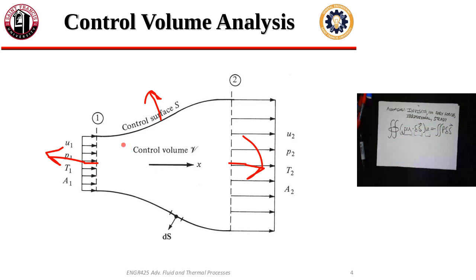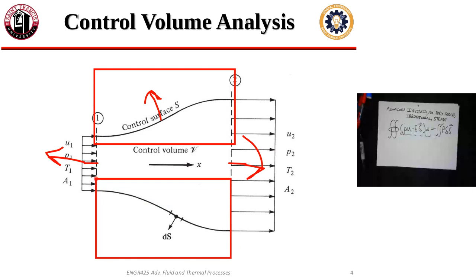But what about along the sides? So from here to here and here to here, by definition, we're saying that these sides of the control volume, these control surfaces, are streamlines of the flow. So what does that mean for our flow's velocity vector relative to the area vector ds? What direction are they pointed in relative to one another?